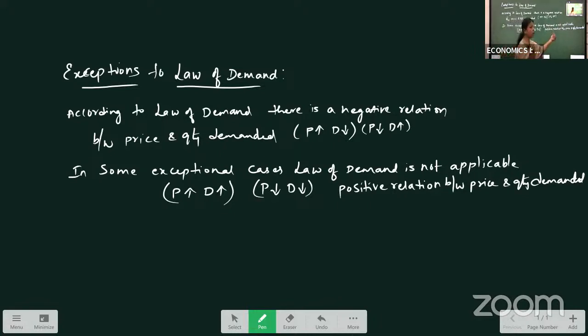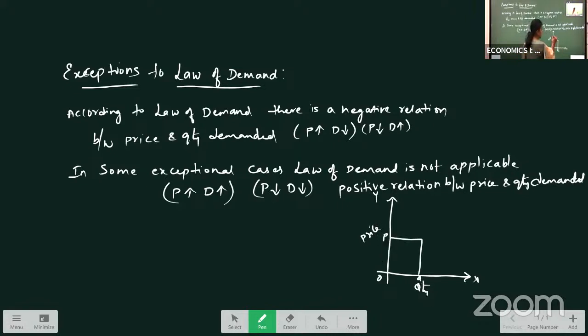So how will our demand curve be? Quantity demanded on the x-axis, price on the y-axis. OP is the price, OQ is the quantity.